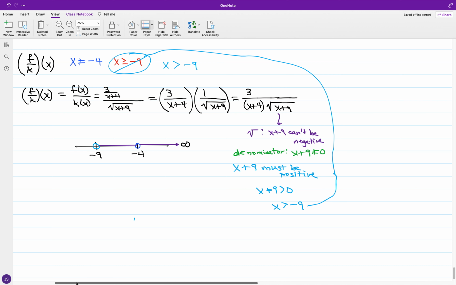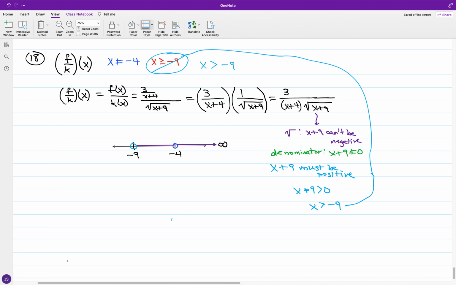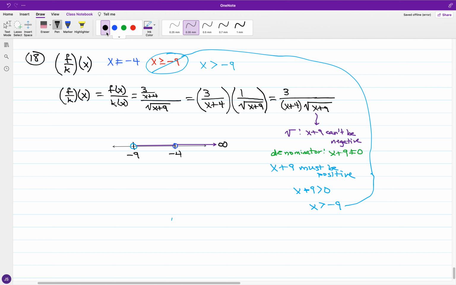And so for the domain in problem number 18, again, negative 9 is excluded, so we have a parenthesis. So I'm going past negative 9, approaching but not including negative 4.